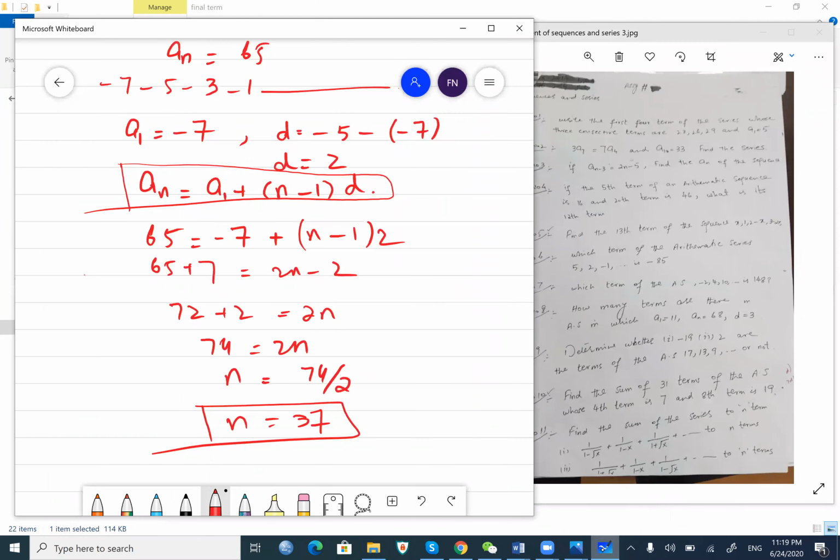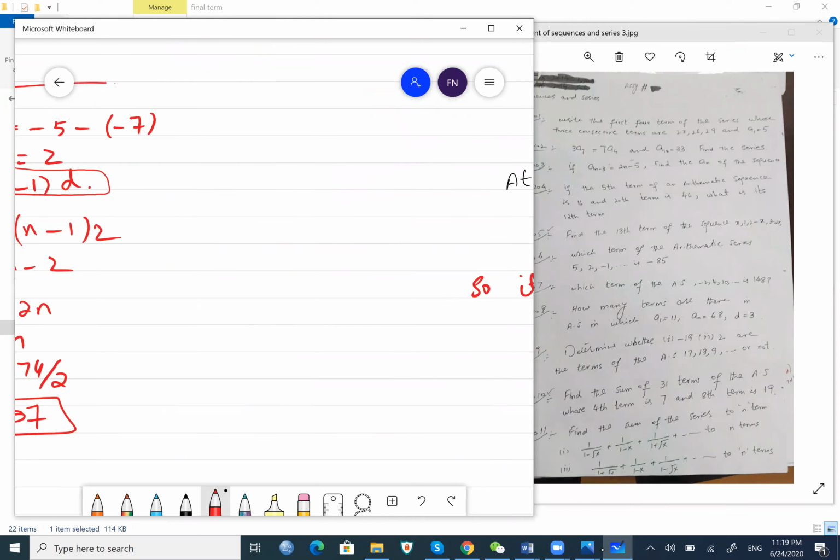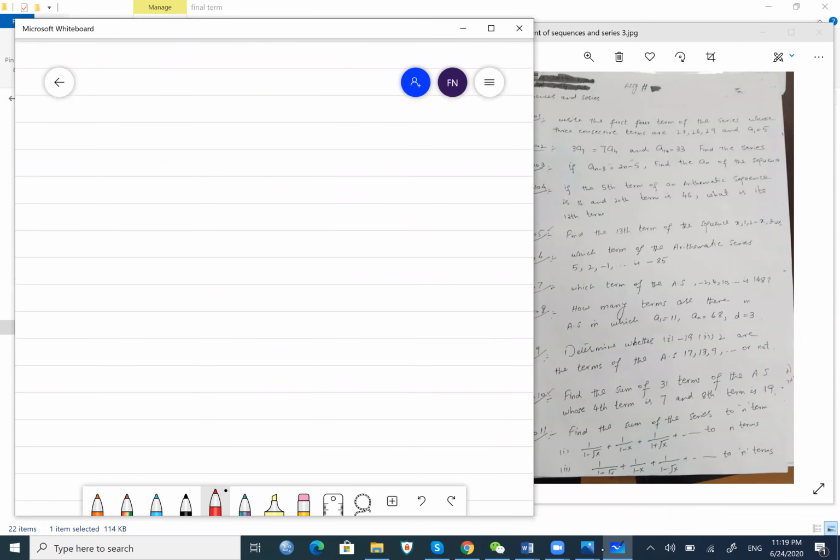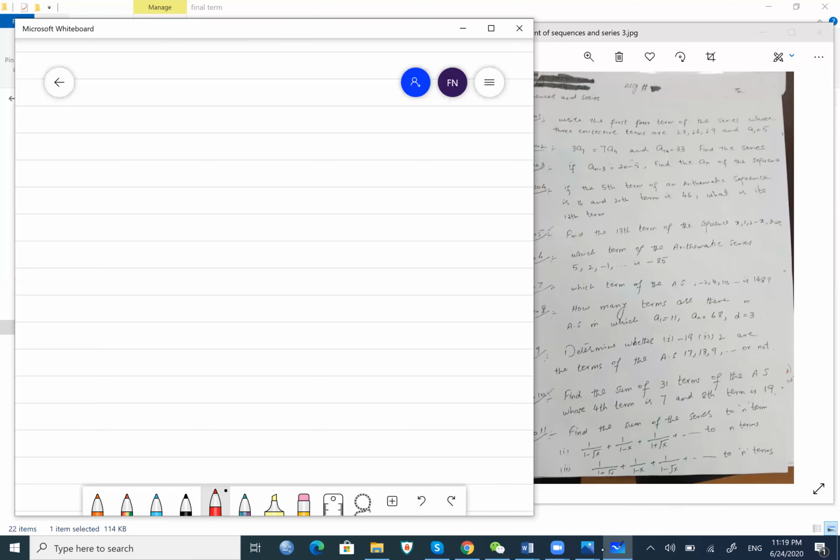Number 9 is quite similar to the one which we just did. It says to determine whether minus 19 is a term of the arithmetic series. If you see here, the question is talking about a particular term, not the sum.